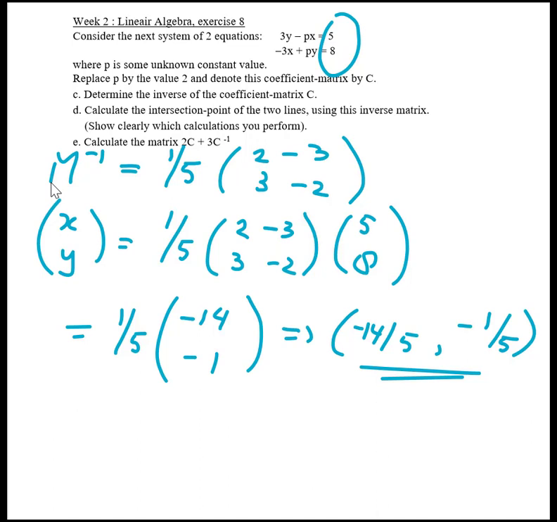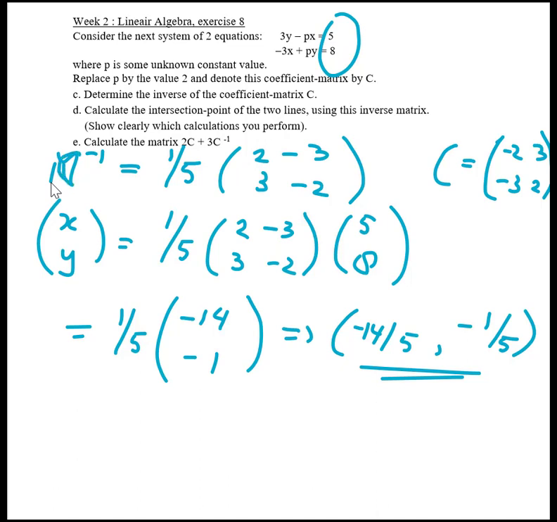Then as a last exercise, calculate the matrix 2C plus 3C^-1. So C was this normal one. Let's put it down here. C would be [-2, 3; -3, 2]. And the C^-1, that's this one.